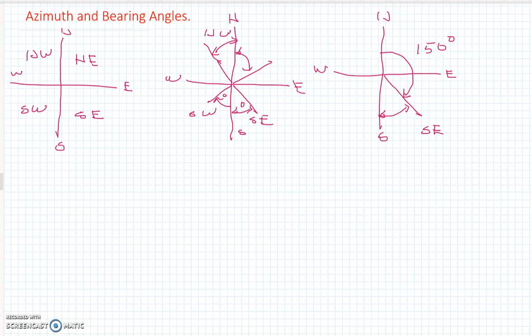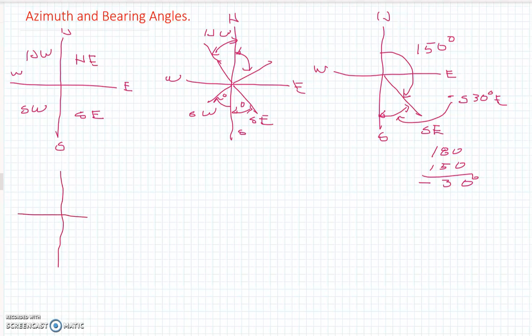Well, you subtract 180 minus 150. They give you 30. So your bearing will be, this angle here, south 30 degrees east. Southeast. Okay?